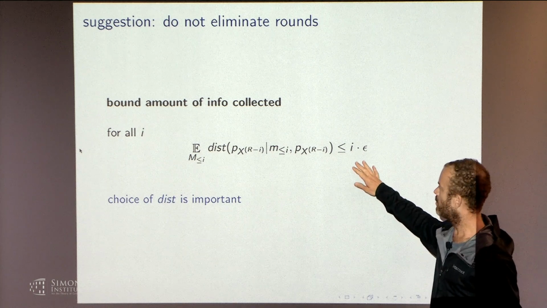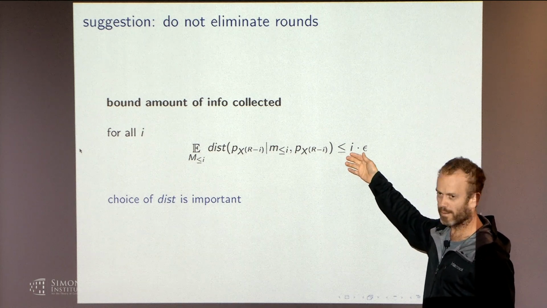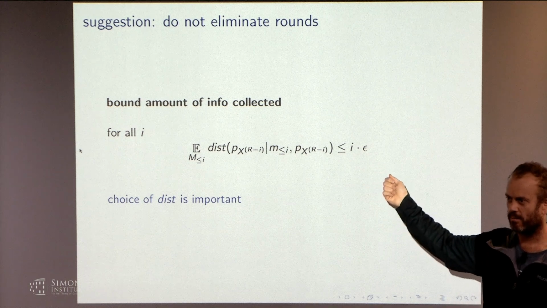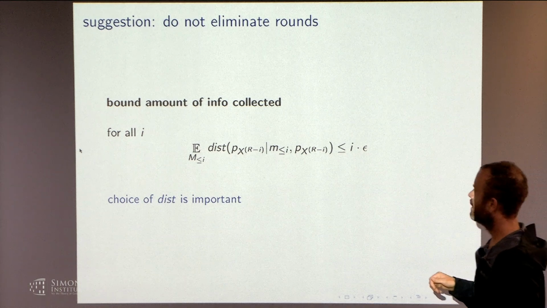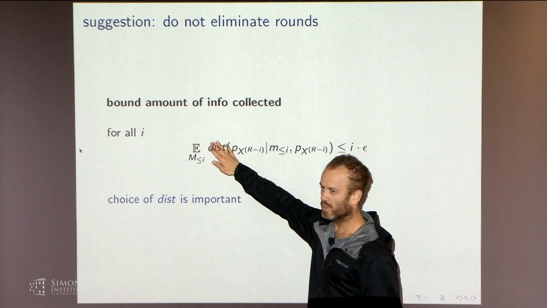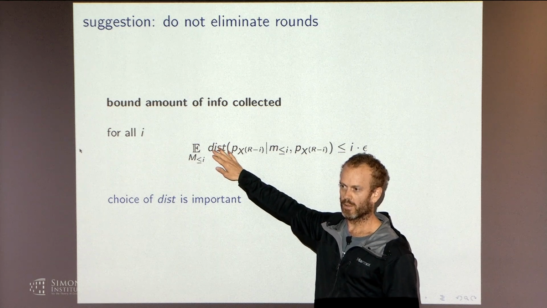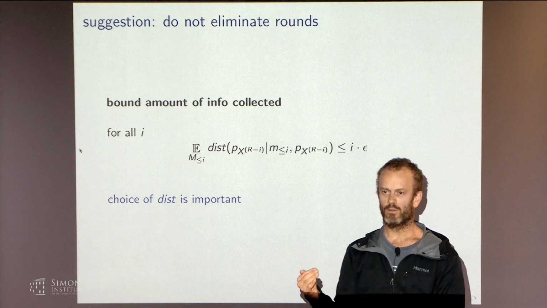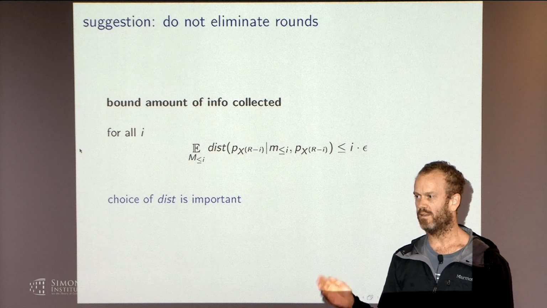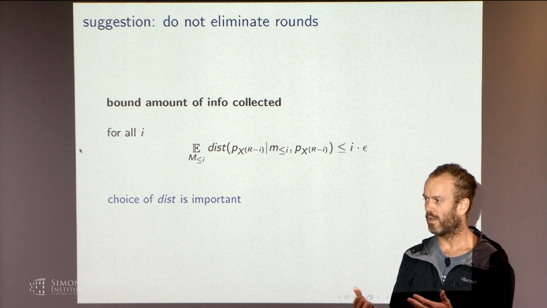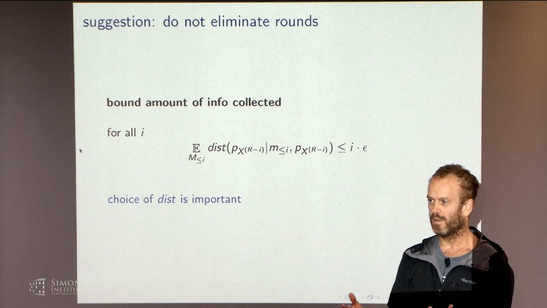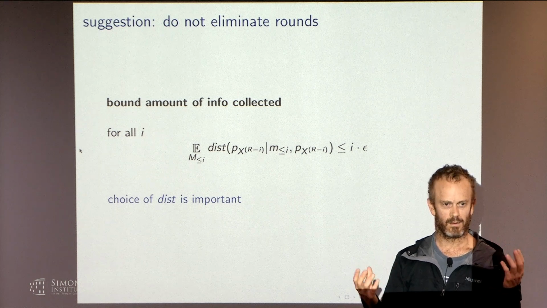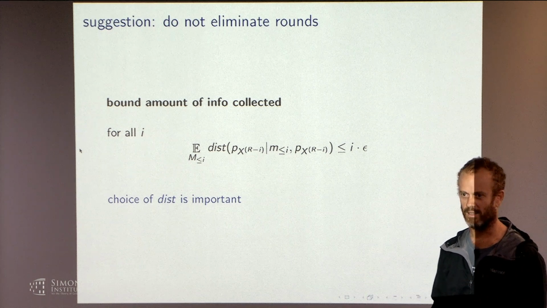Okay, so the reason I think this is a better system than eliminating rounds is that here we can write whatever distance we want. When we eliminate rounds, we basically must use statistical distance. This is part of the mechanism, the rationale. I'm not sure how to say it differently.